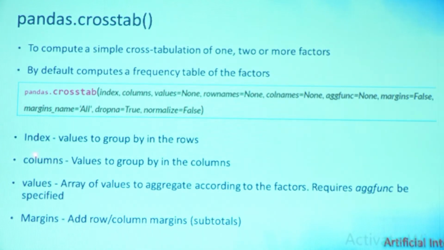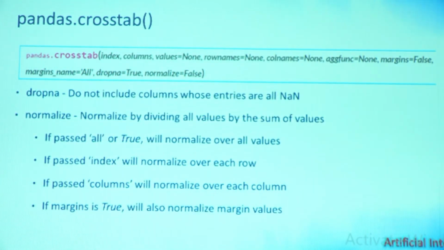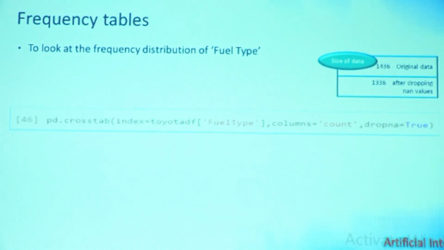If you give index over there in your parameter, then it will give you what? That we will see. If you give margins, it will give you marginal probability. If you give index, then it will give you joint probability. If you give normalize as true, it will give you conditional probability, like that. We'll see all of these things. So one single method is going to help you deal with all the possible probabilities that you can reflect on. So crosstab is a very important method that you use in pandas. Look at the frequency table part.